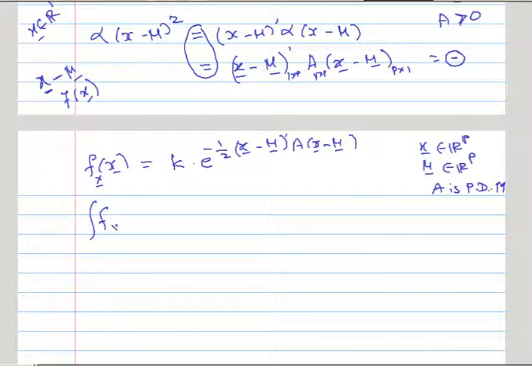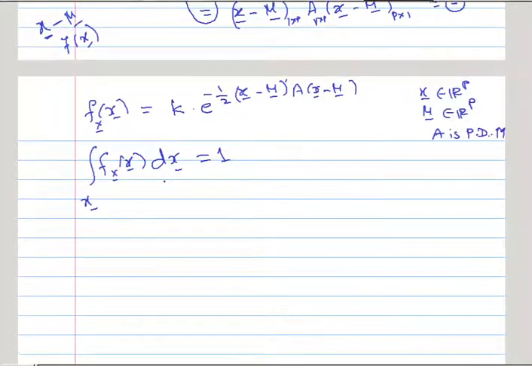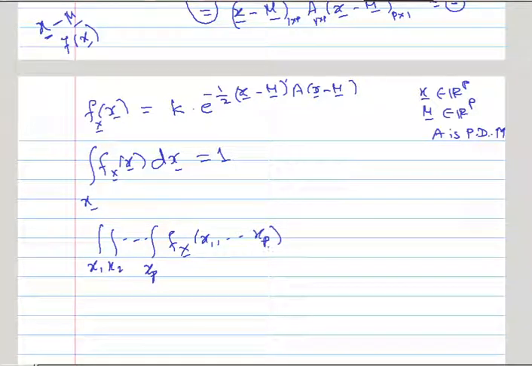So f of x bar, whenever we take the integration over x bar, that integration has to be 1. x bar is composed of several components, so integration over x1, integration over x2, up to integration over xp, of f of x bar, where this small x bar is nothing but x1, x2, up to xp, just like a joint structure, dx1, dx2, and so on. Here it should not be a vector, we are considering scalar, individual quantities.